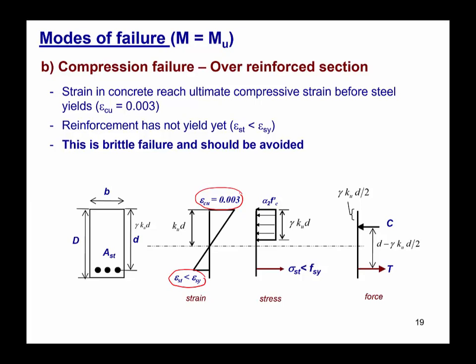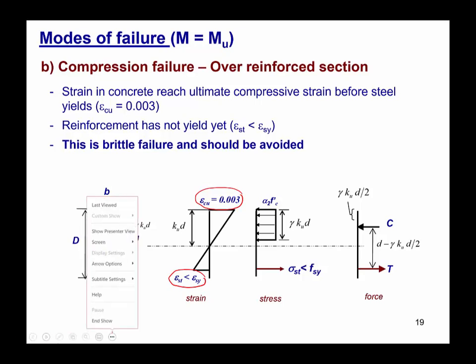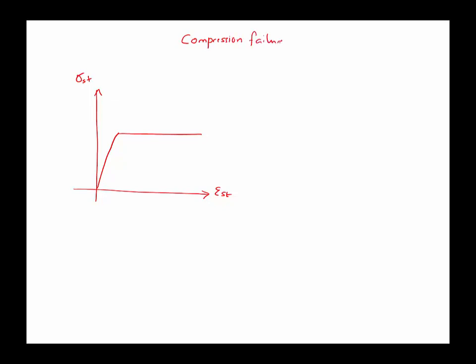Now, if we look into the stress strain curve of steel again, in the compression failure mode, the steel hasn't yielded yet, so it is somewhere here.